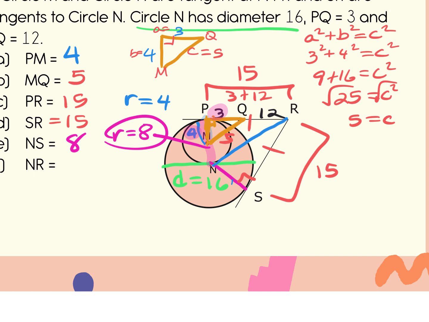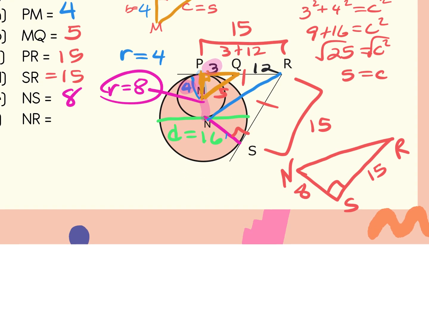So if I pull this one out, S, R, and N. This I already found to be 8. This I already found to be 15. I'm looking for the hypotenuse. This is also another triple. So if you recognize the 8, 15, 17 triangle, then you don't have to do the work. However, a squared plus b squared equals c squared.